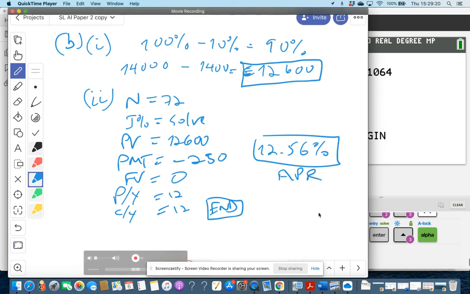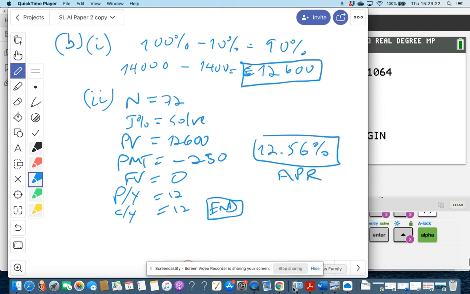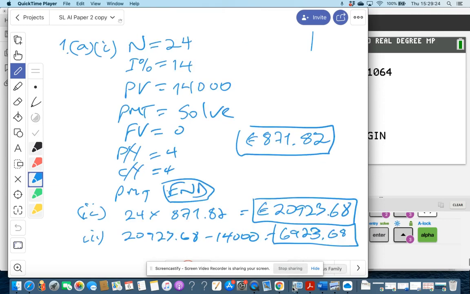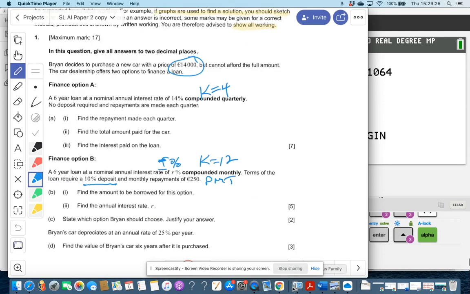Okay, is there more to this question? Navigating back. State which option Brian should use. Justify your answer. Okay, so maybe we should look at the total amount of payments for option B so that we can compare the two.